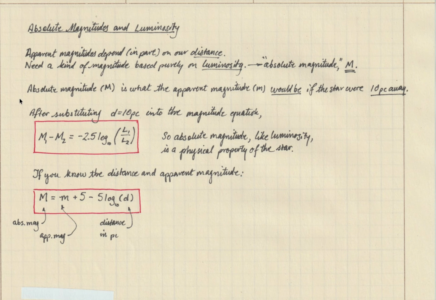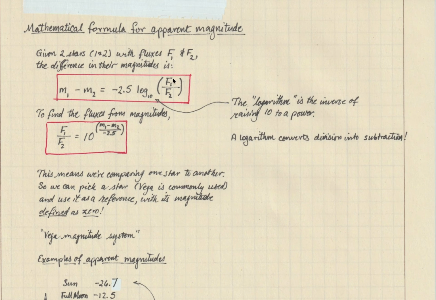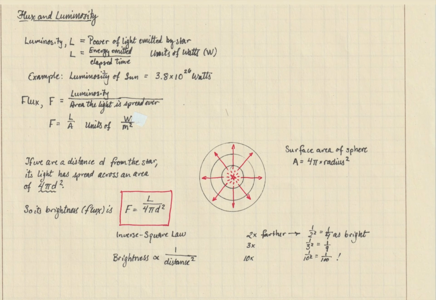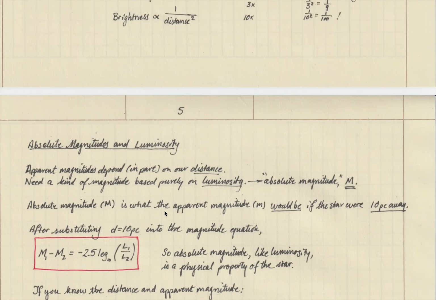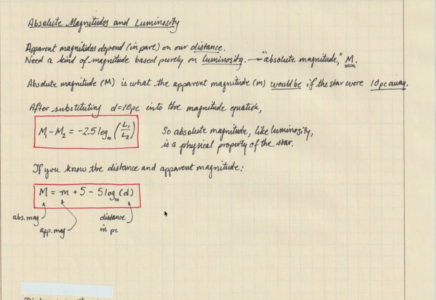All right? If we put this into the magnitude equation, let me scroll back up here. Remember, the flux is in the apparent magnitude equation, but the flux, down here, depends on the distance, d, and the luminosity. So putting that in for the flux and saying that the distance is 10 parsecs, we've got 10 parsecs for star 1, 10 parsecs for star 2.